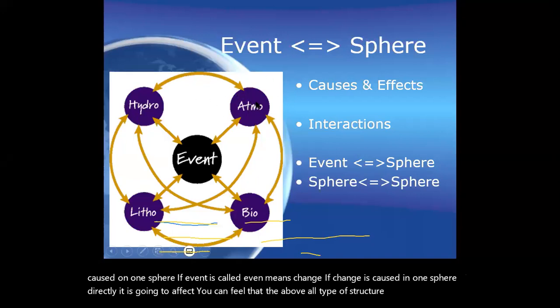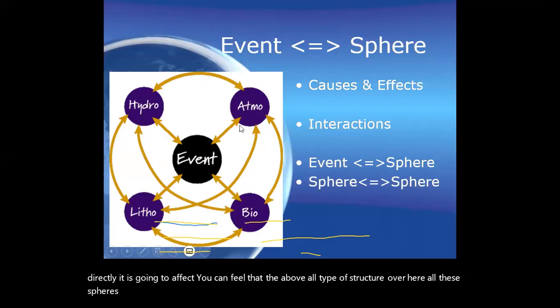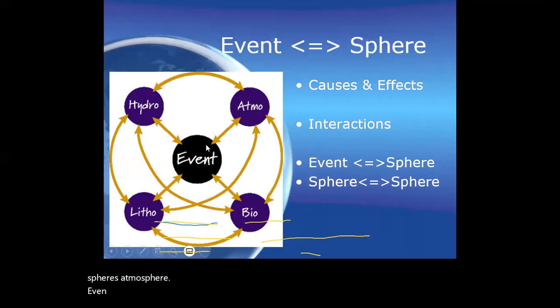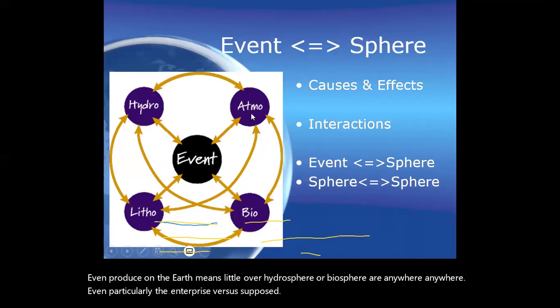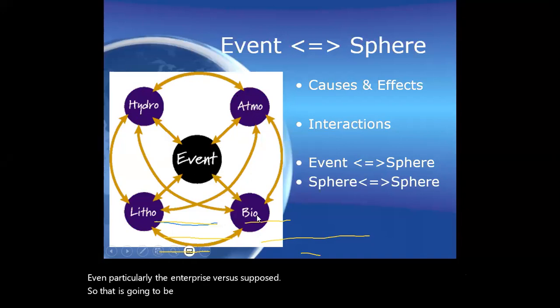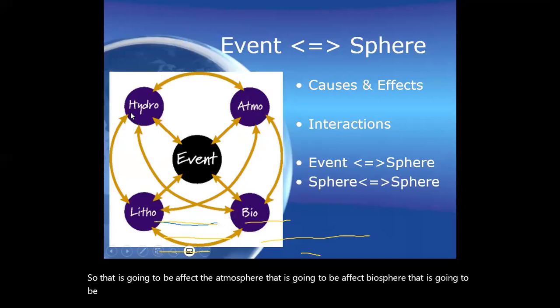All the spheres, atmosphere, and events produced on the earth, meaning the hydrosphere or biosphere, or anywhere, particularly the anthroposphere, say, suppose. That is going to affect the atmosphere, that is going to affect the biosphere, that is going to affect the hydrosphere as well as the lithosphere.